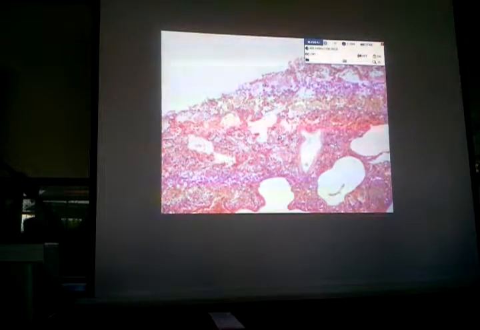Notice that almost all alveolar spaces are already filled with materials which are not supposedly normally present in the alveolar space. So that pink amorphous material is actually the edema fluid, which has extended from the interstitial tissue, reaching eventually the alveolar spaces. So, what should be the clinical manifestation of this patient?